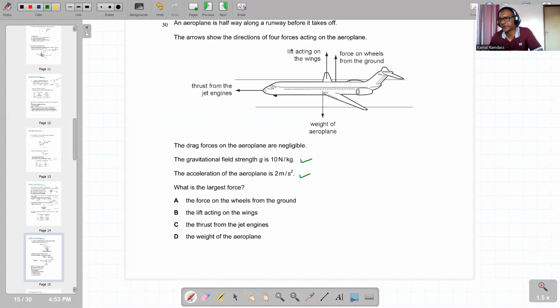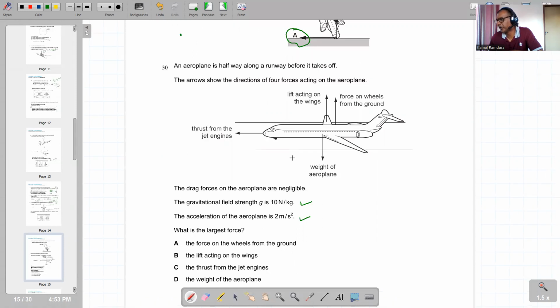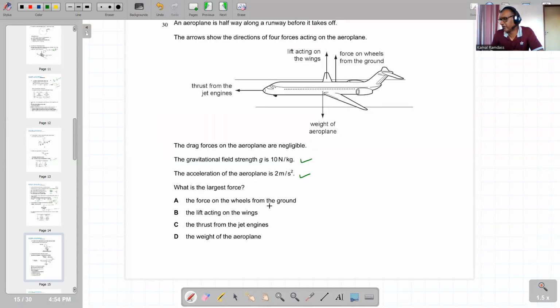The force on the wheels from the ground? The lift acting on the wings? No. Because if it took off, halfway along a runway, the weight would be much bigger than the lift acting on the wings. And this one is also no, because the weight is greater than this now. The thrust from the jet engines or the weight of the aeroplane.